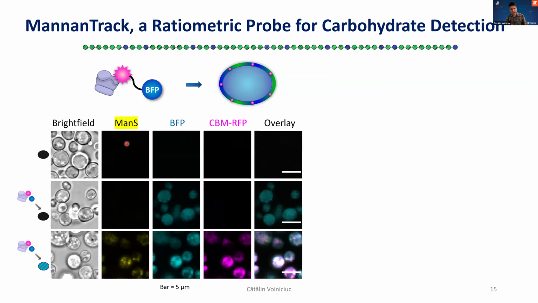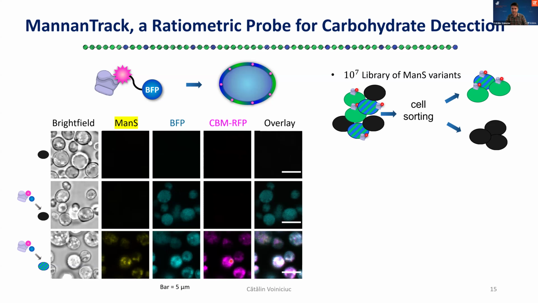And again, we have our wild-type cell walls up here with no carbohydrate probe, our new mannan tract probe in cells with a wild-type background. The only thing that remains visible inside the cell is this self-cleaving cytosolic blue fluorescent protein. But if those cells actually produce mannan by expressing a mannan synthase, we have the counter stain, the blue fluorescent protein, and we have our probe being retained inside the cell.